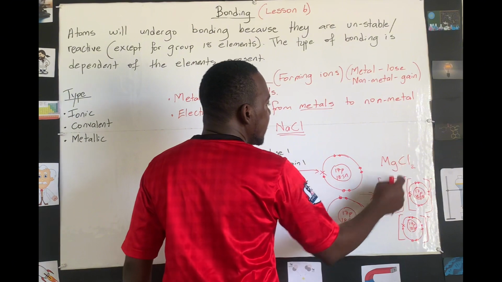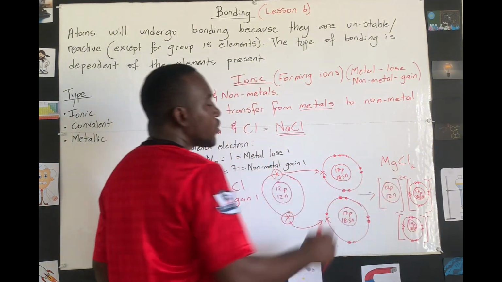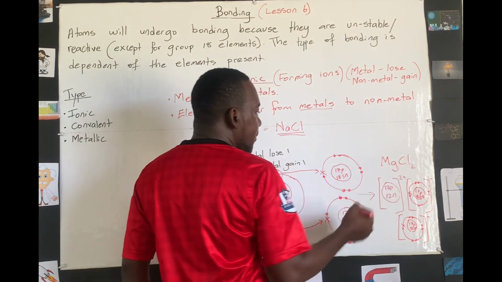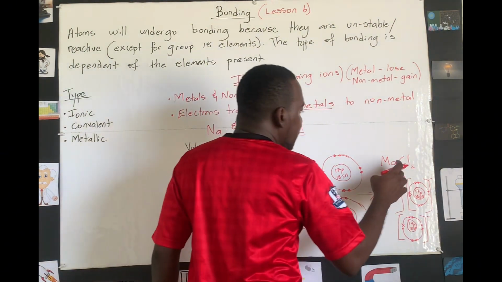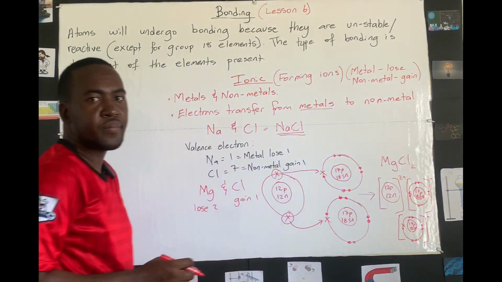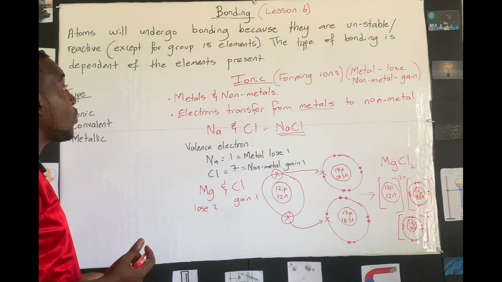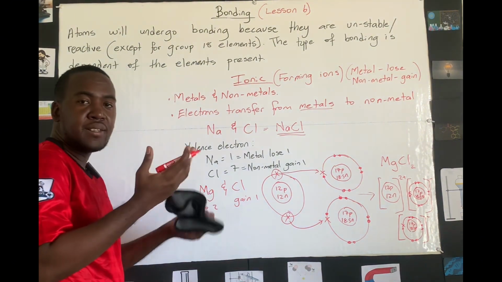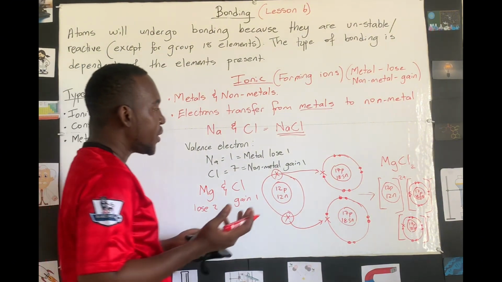So therefore we get MgCl2. Now we don't use a 1 if it's 1 because it doesn't represent well in your representation. So we normally just leave it as Na or Mg without using the 1.